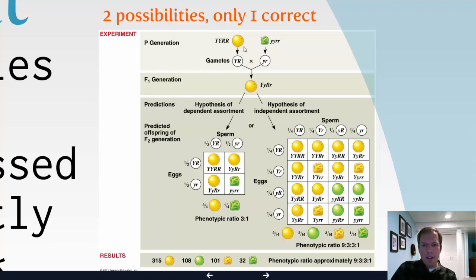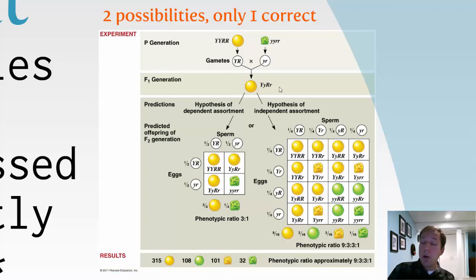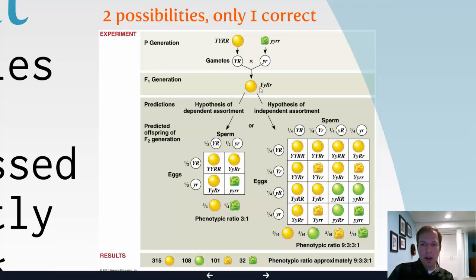So we have the P generation. If those are true breeding lines for each of those sets of traits, they create an F1 generation that is what's called a dihybrid. A dihybrid is heterozygous for both of the traits being tracked: heterozygous for color and heterozygous for shape.